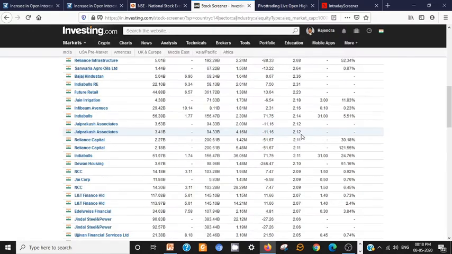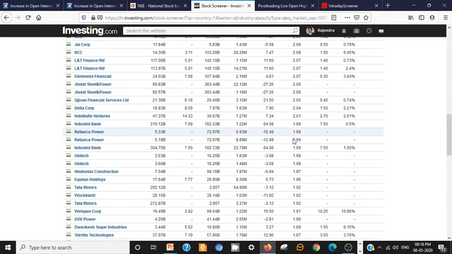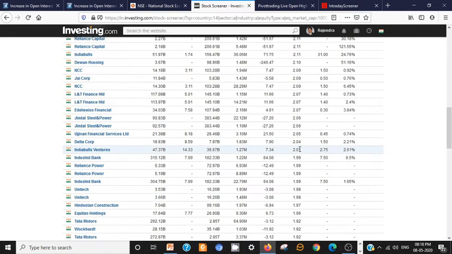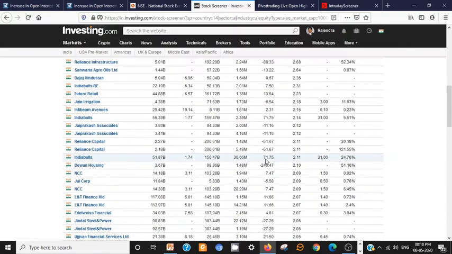Like that you can select the stock. For example, if I'm selecting IndusInd Bank, I can see its beta value is 1.99, and the average traded volume is 64 million shares. In that way, I can pull out the stocks based upon the beta value.